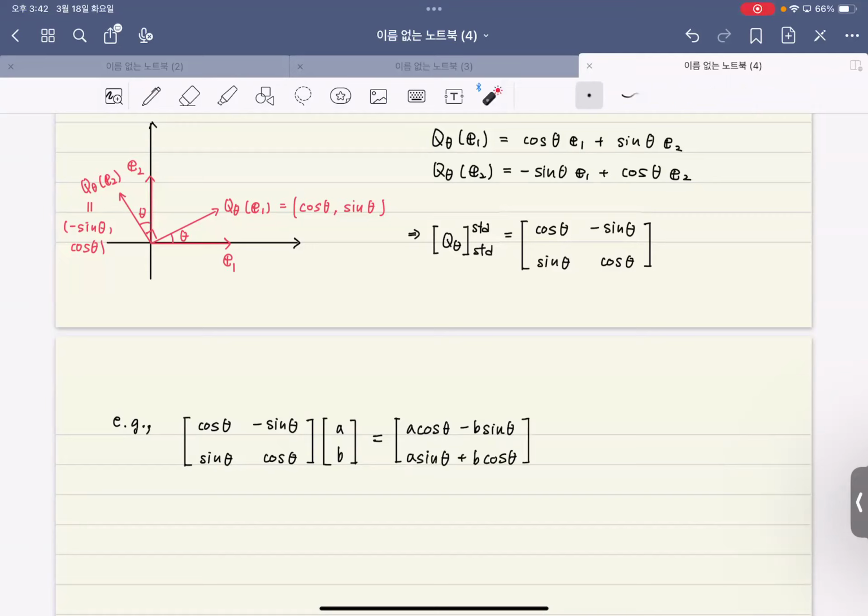This is the resulting vector. And you can translate this result as: if you rotate this vector by theta radians, then the endpoint of the resulting vector would be (a cosine minus b sine, a sine plus b cosine). So everything is so obvious. Everything just reduces to the matter of multiplication. Okay.